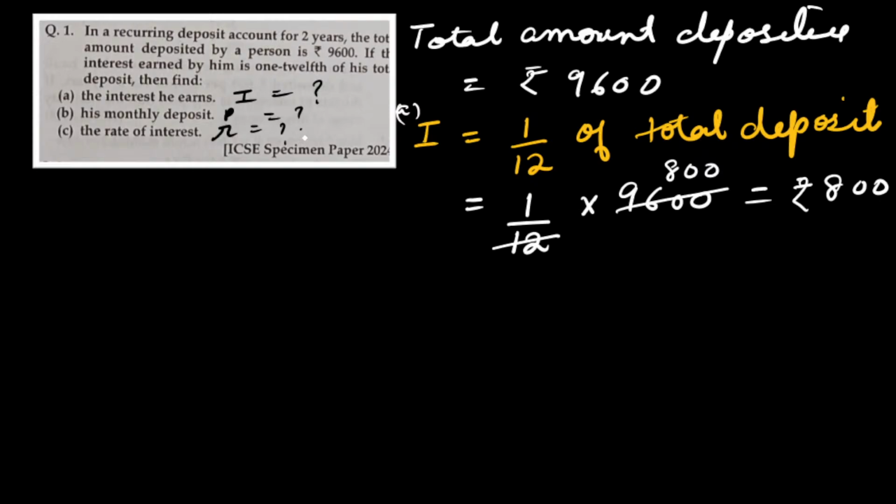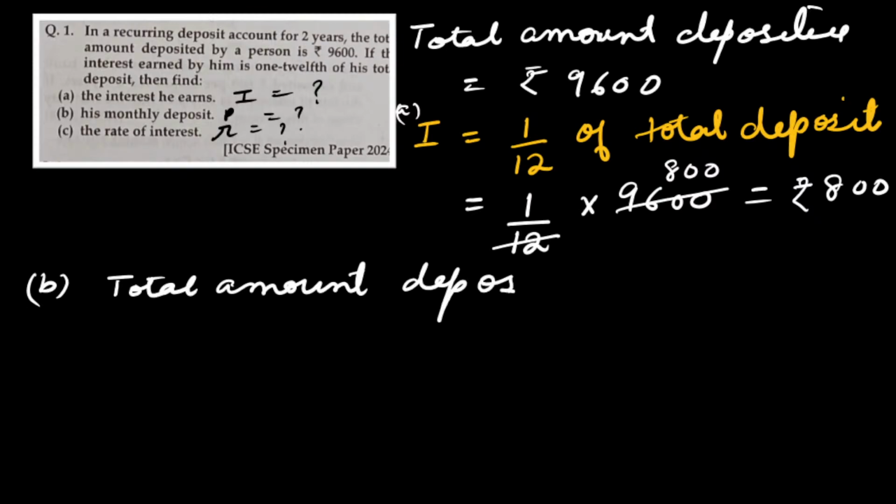Now we have to find the monthly deposit, part B. If you want to remember the formula for total amount deposited, it is actually 9,600, but its formula you can also remember.